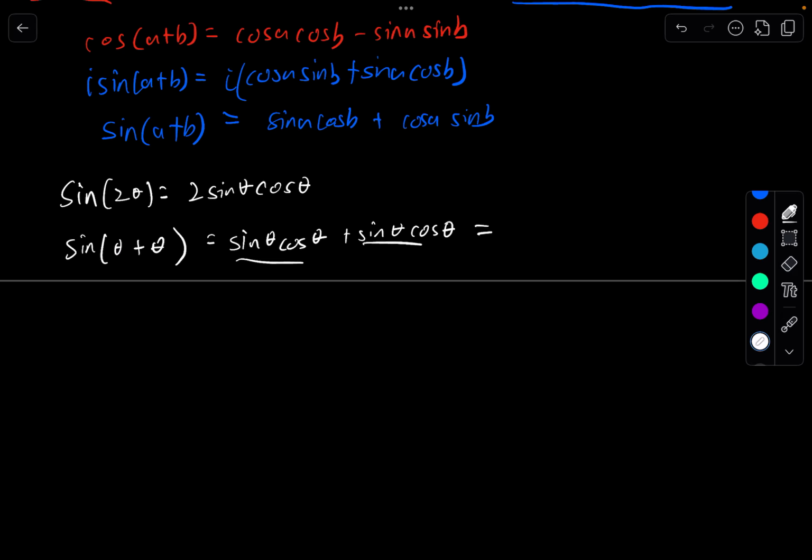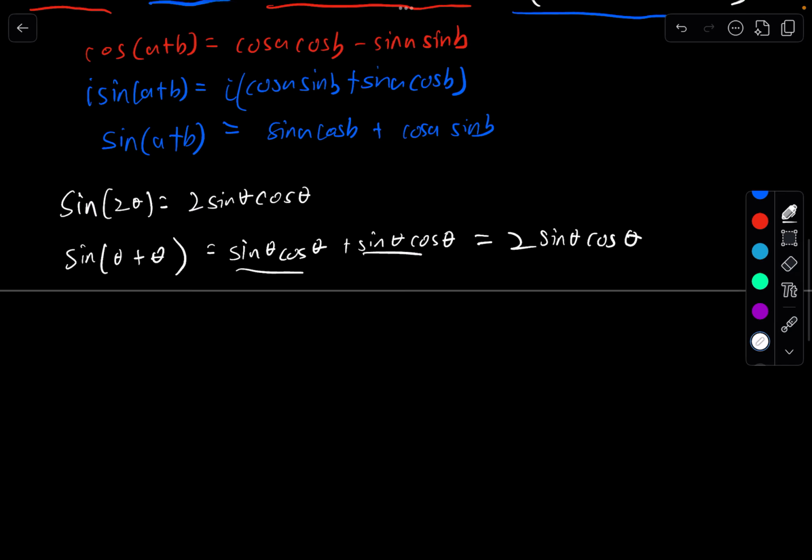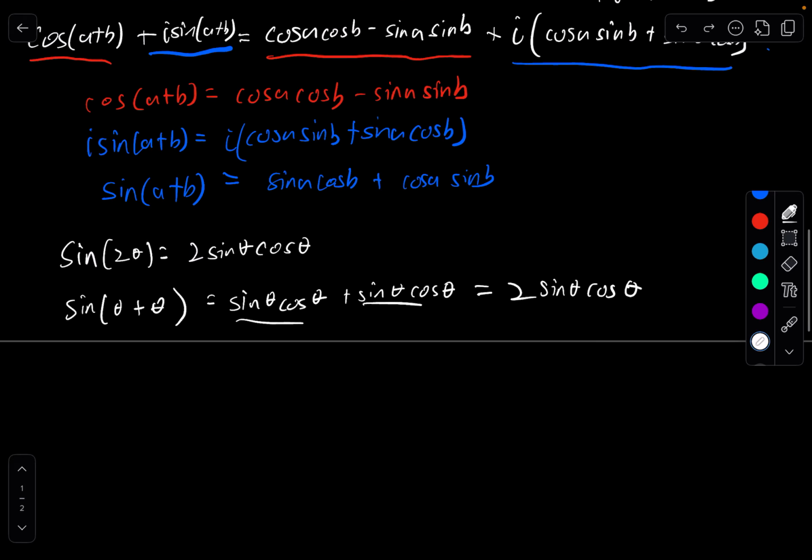And this is really the same thing, so there you have it, 2 sine theta cosine theta. So there you guys have it. That's very nicely done there. And this is your result.